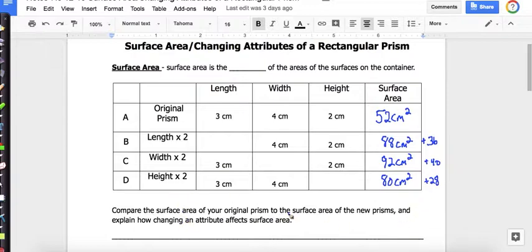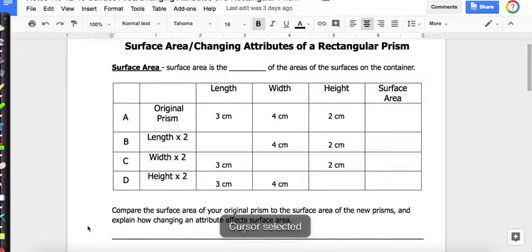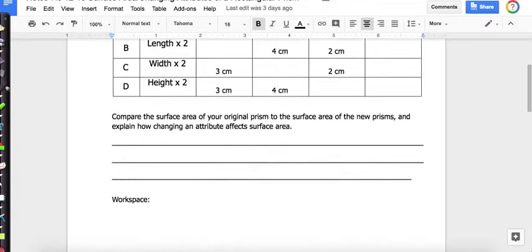Okay, so let's compare the surface area of your original prism to the surface area of the new prism and explain how changing the attribute affects the surface area. So here's what I want you to write down, and this is what I wanted you to see.